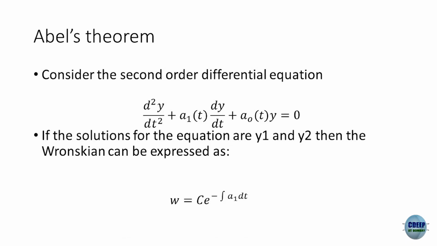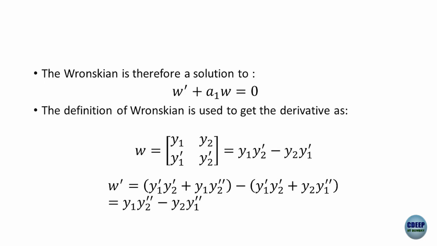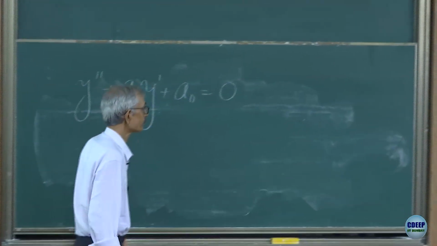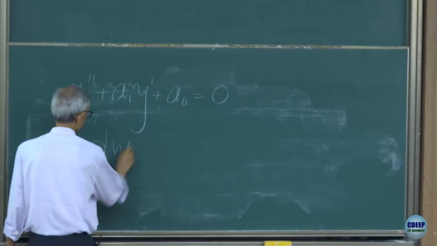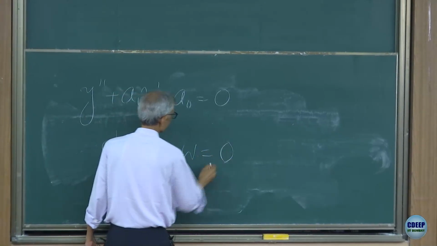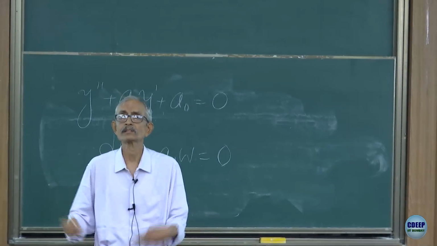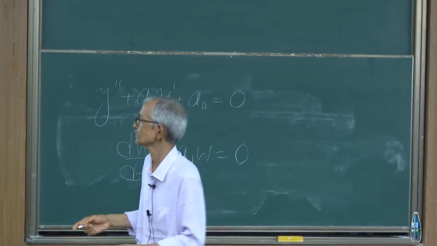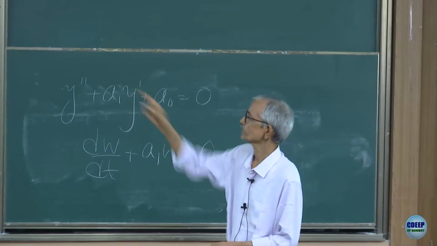So what we said was that if I know something about the Wronskian, then if my governing equation is y double prime plus a1 y prime plus a naught y is equal to 0, then some mathematician has very cleverly identified that the Wronskian is a solution to a first order differential equation, which is right up there.